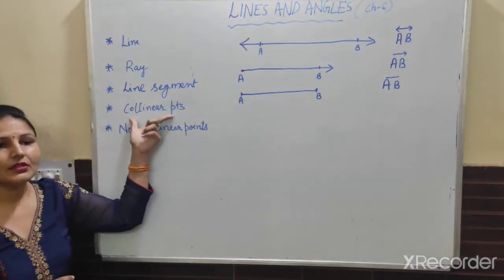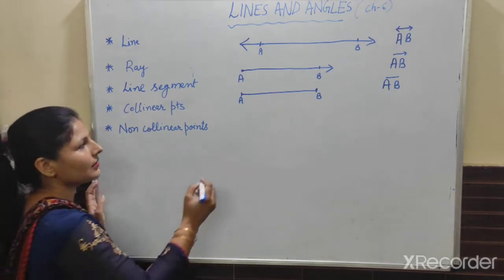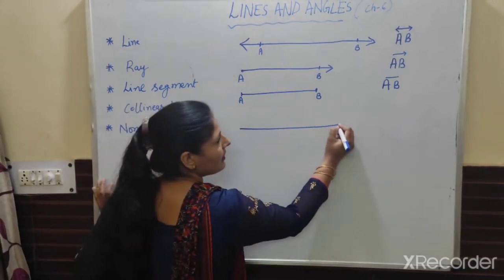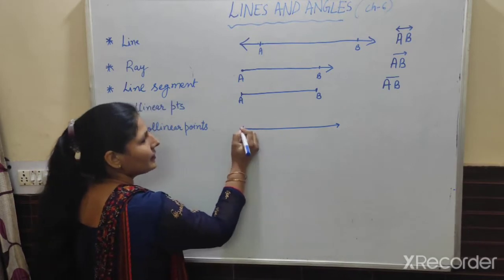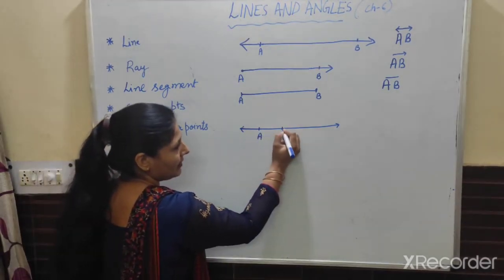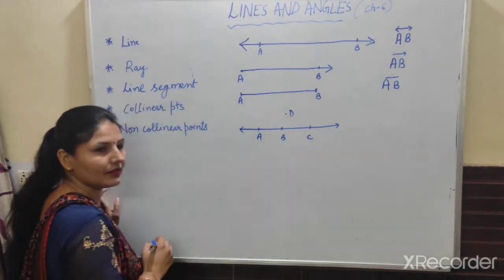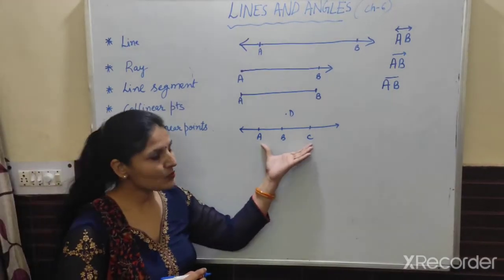Next point is collinear points. What are collinear points? The points which lie on the same line. Suppose A, B, C, D. What are these points called?